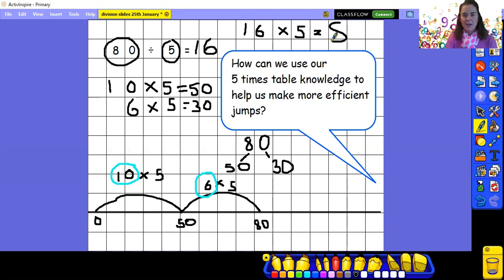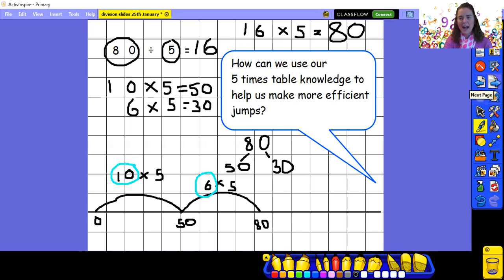So we know by using that checking calculation that we are right. Now, if you didn't know that 6 times 5 was 30, what you could have done is from your jump from 50, you could have added another 5 and then another 5 and then another 5 until you got to 80. So this is how we would use our times table knowledge to help us be more efficient on a number line.